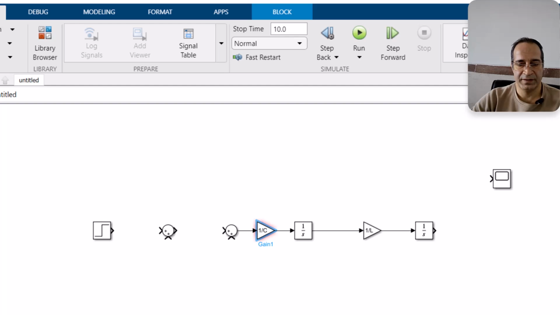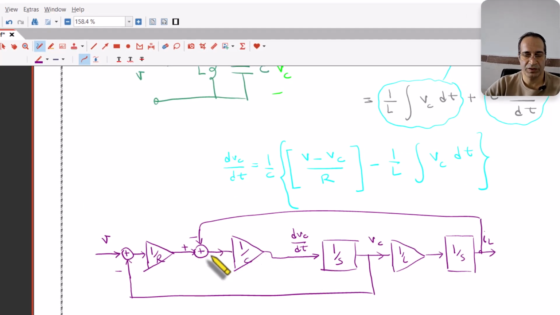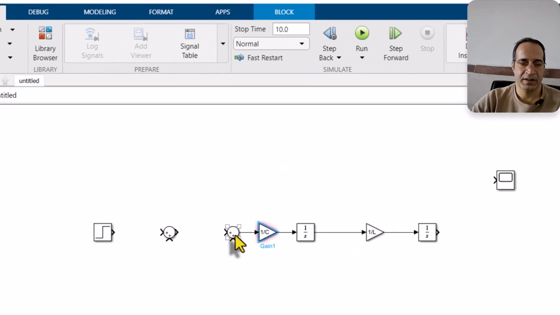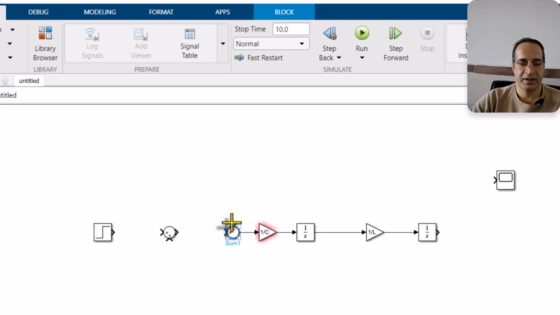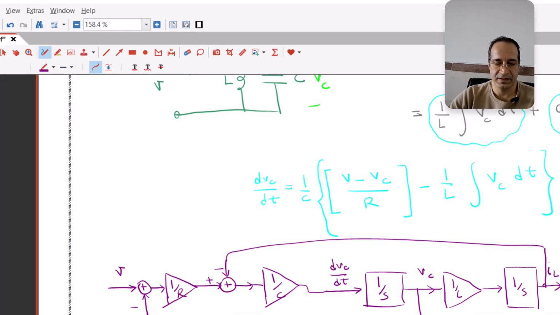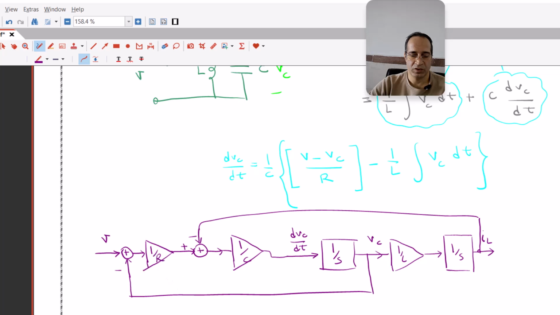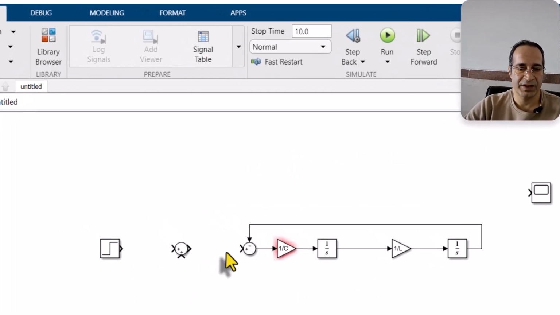And then, sorry about it, this one, sum from IL. Okay, let's change the direction. I have minus and then plus, and then the line goes here to make it appropriate. This goes to IL, and then this one goes to gain 1 over R, another gain here.